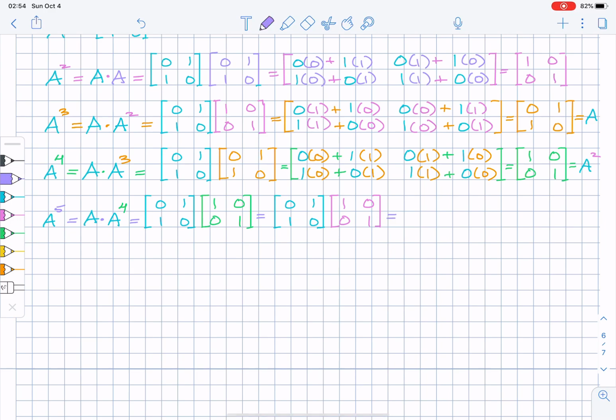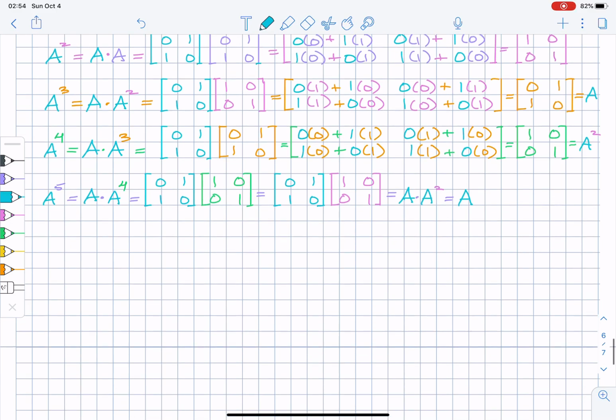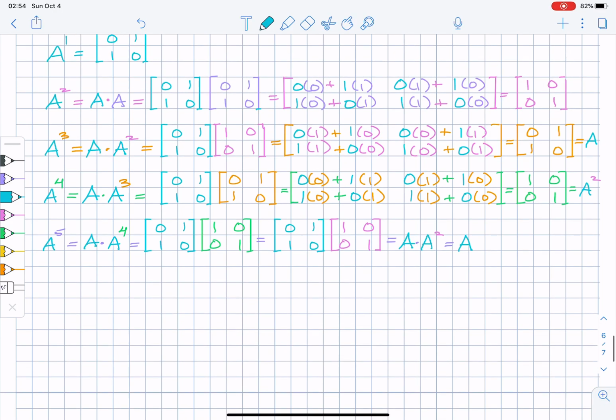So this is just A times A squared, and we know that that is the same as A. So it looks like whenever it's an odd exponent, A to the odd exponent is just A. And whenever it's an even exponent, we have the pink and the green guy.